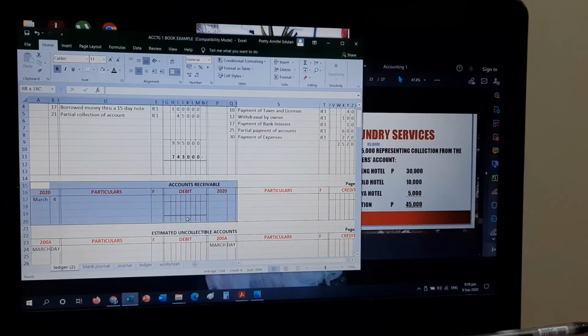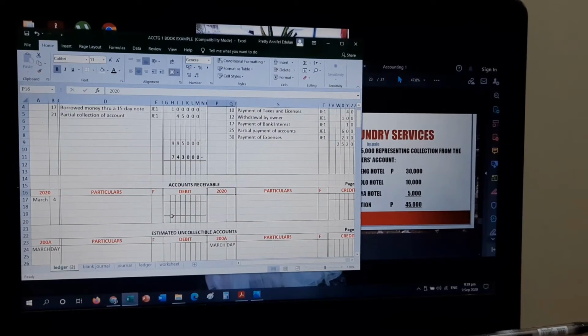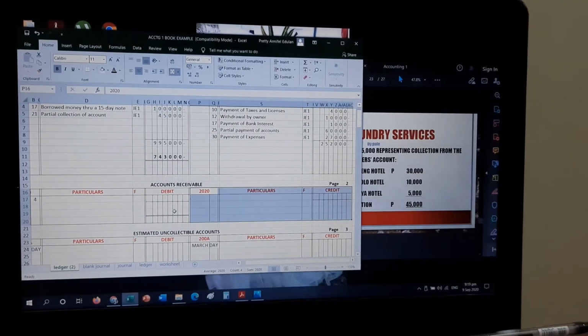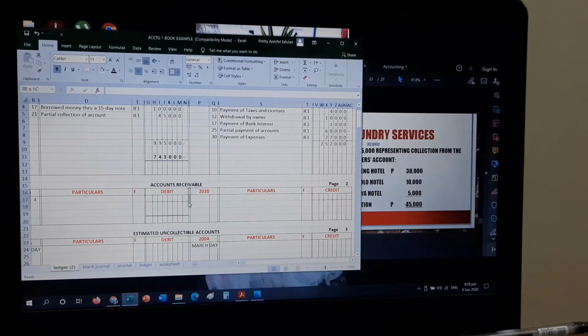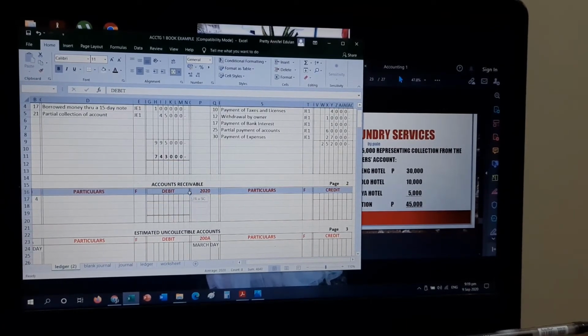This side is for the debit side: the date, particulars, folio, and debit. While on the other side, it's for the credit. If you have noticed, it's similar to your journal, but it is shaped like a T. This is the center, and this is the upper part of the letter T. That's why it is called a T account.